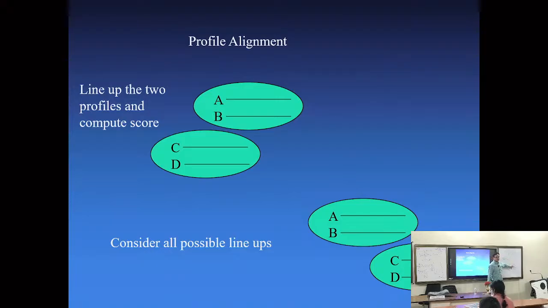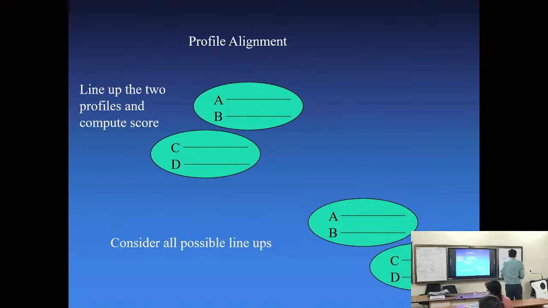It's frozen, it's already aligned, so the frozen scores are known, but we want to align this group with this group. As we discussed for optimal alignment of two sequences, we would want to consider all possible lineups of these two clusters, and then score each of the lineups.